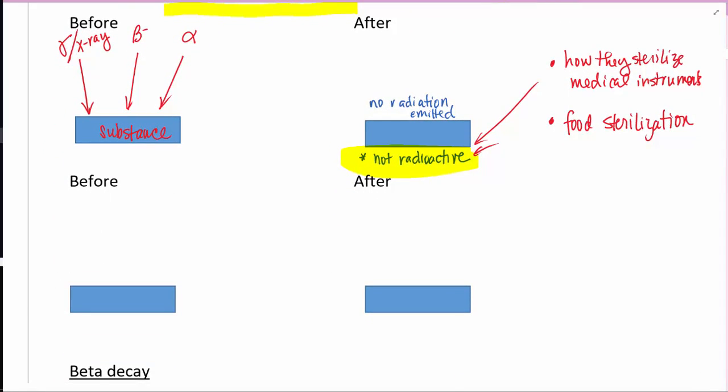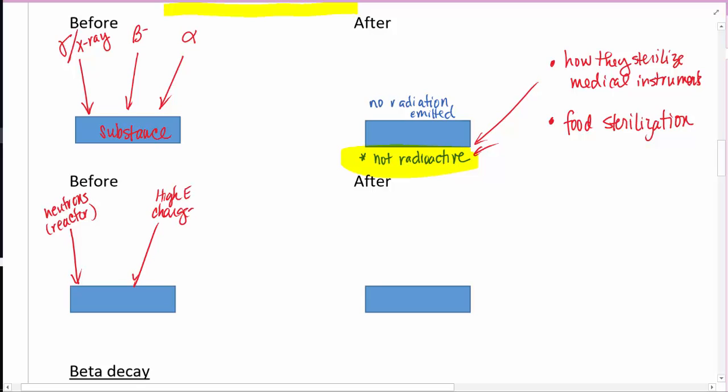However, if I take that same substance and I expose it to some energetic neutrons, for example, from a nuclear reactor, or some very high energy charged particles, then I could make that substance become radioactive.